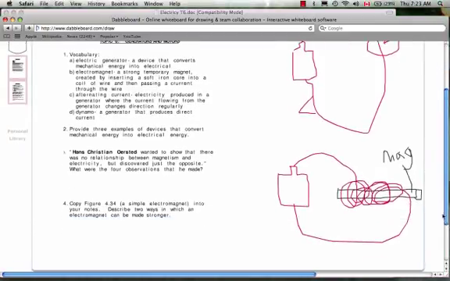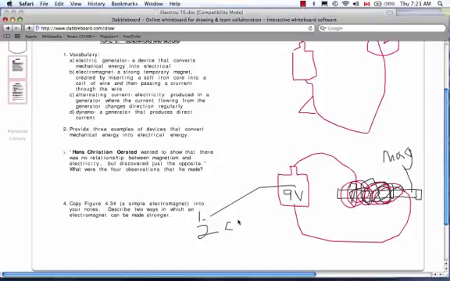So the question becomes, how do we make this electromagnet stronger? Well, number 1, we could make this a stronger battery, so make it a 9 volt instead. How else? Number 2, we could increase the coils of the wire. The more coils of wire we make, the stronger. So more coils.